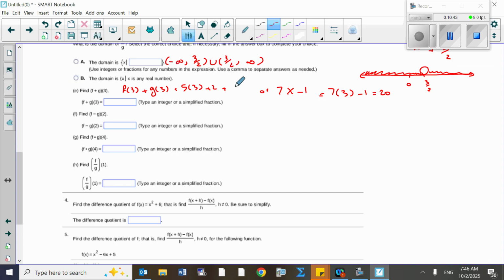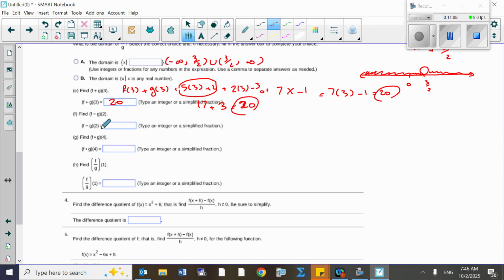That's 2 times 3 minus 3. Okay, this one, 15 plus 2 is 17. This one, 6 minus 3 is 3. And 17 plus 3 is 20. So you see both cases have the same answer. So you can use either of them.